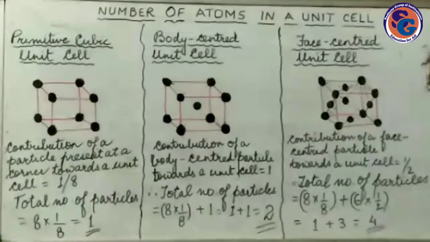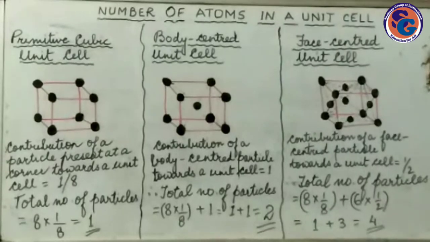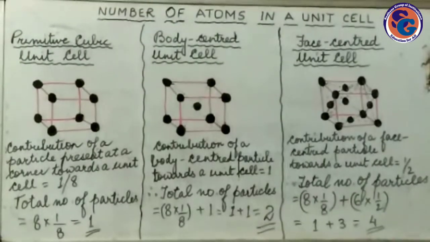Here we can see that a cube has 8 particles at the 8 corners. But it's not only a cube. There are many such unit cells which constitute to make up a solid. Every unit cell has 8 neighboring unit cells with which it is in contact.